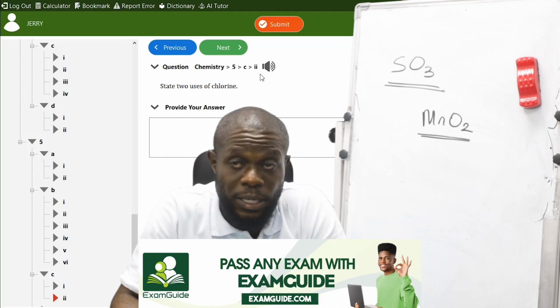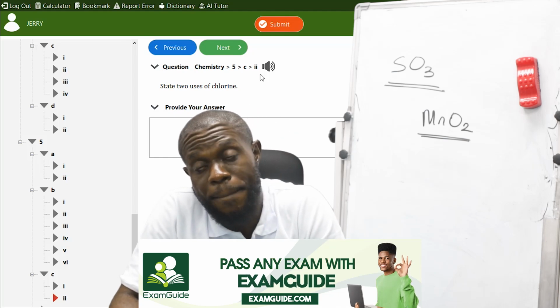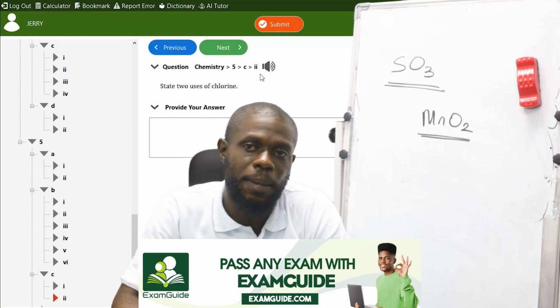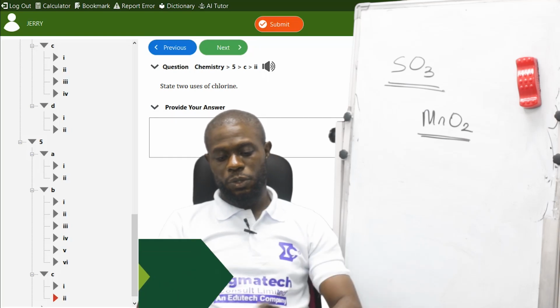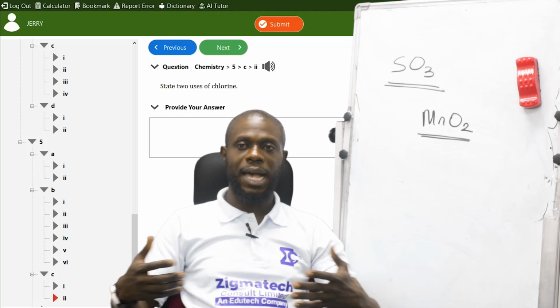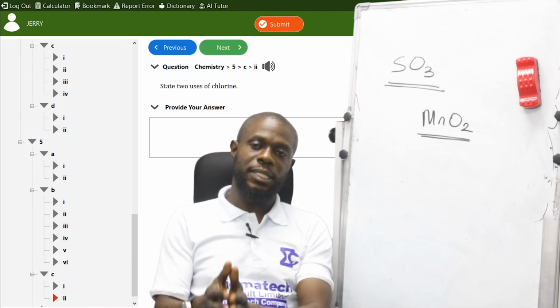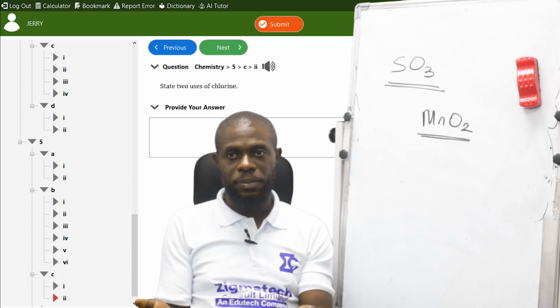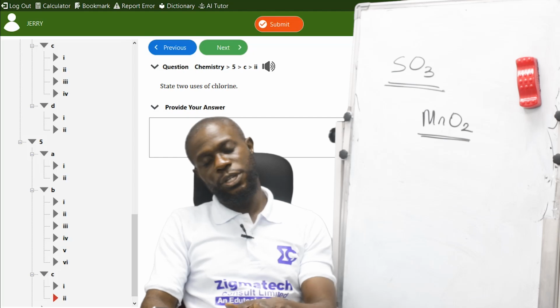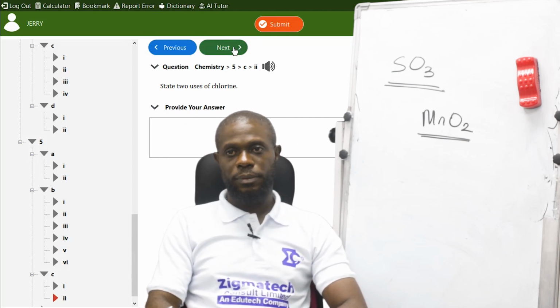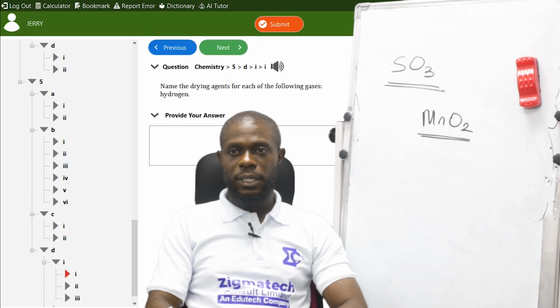Of these, you can take any two. It is also used as an insecticide and as a germicide. So these are the uses of chlorine.